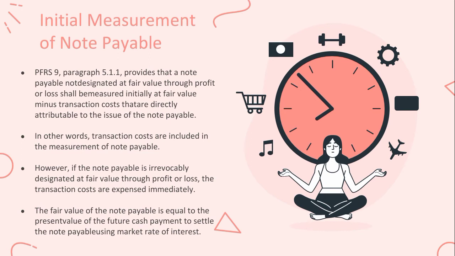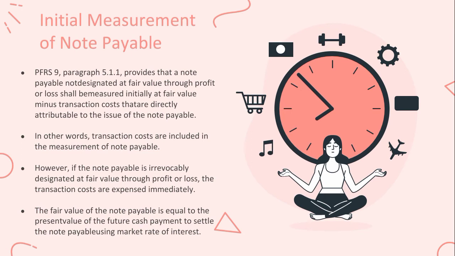So if it is not designated at fair value through profit or loss, we will measure it initially at fair value minus transaction cost. In other words, transaction costs are included in the measurement of note payable.